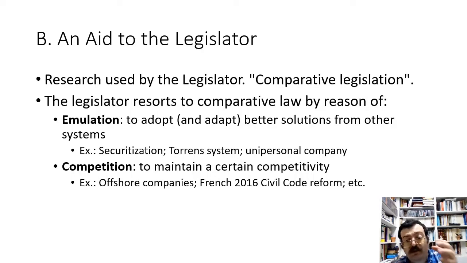So why would a country emulate another to adopt or adapt better solutions? The legislator sees that another legislator has better solutions, so we emulate that other legal system and we bring in their legal rules or institutions. The second reason is competition.